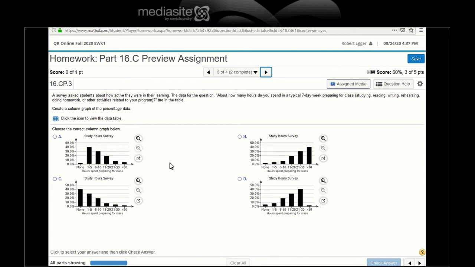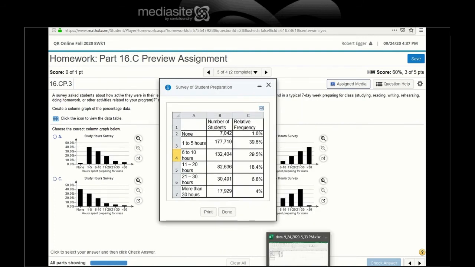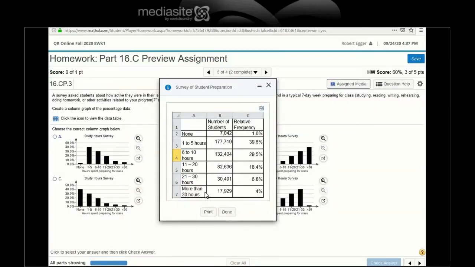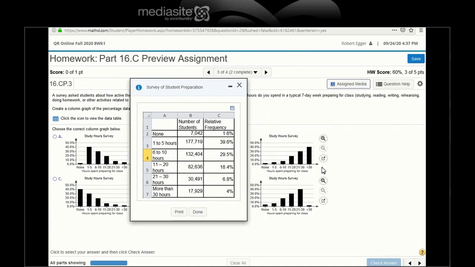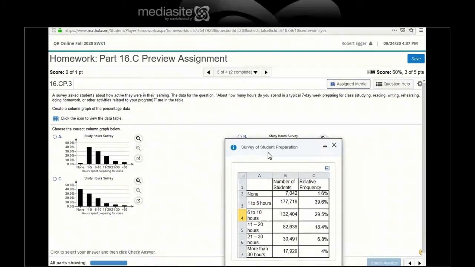So, survey asked students, and now they want us, looks like, to create a graph. Again, are these numbers different? Yes, they are. These are not the same numbers. Oh, here we go. We're given the numbers. So maybe we can just do it by inspection.